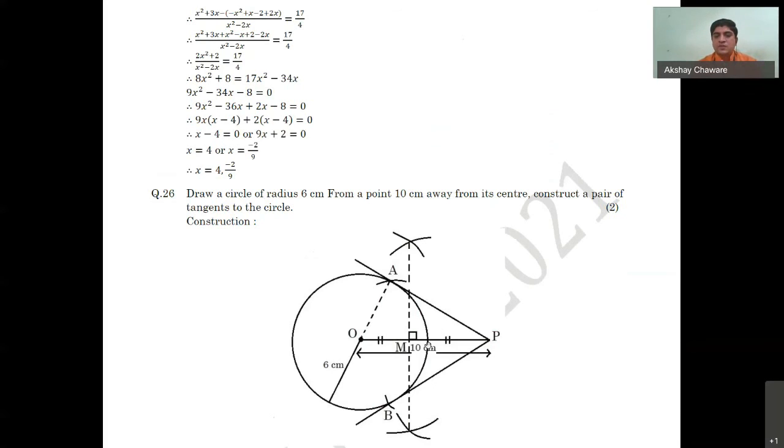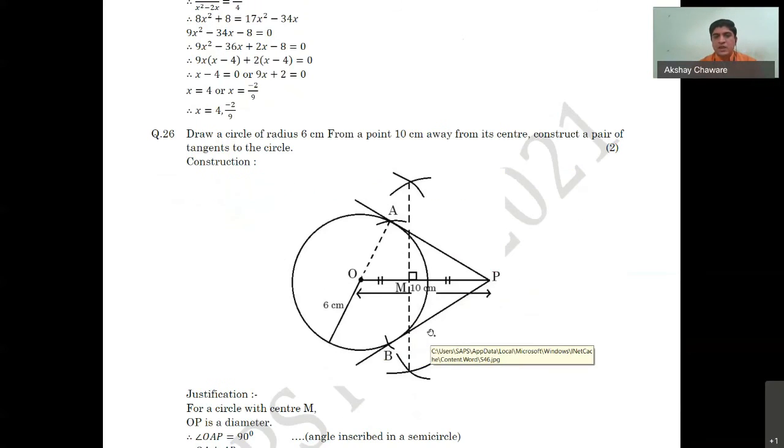If we join this line segment OP, we will draw one perpendicular bisector, and that perpendicular bisector intersects OP at point M. Then taking OM and PM as the radius, we will draw one circle, or we will cut two arcs on the circle, so that we will get these 2 points A and B. And if we join PA and PB, these are nothing but our required tangents.